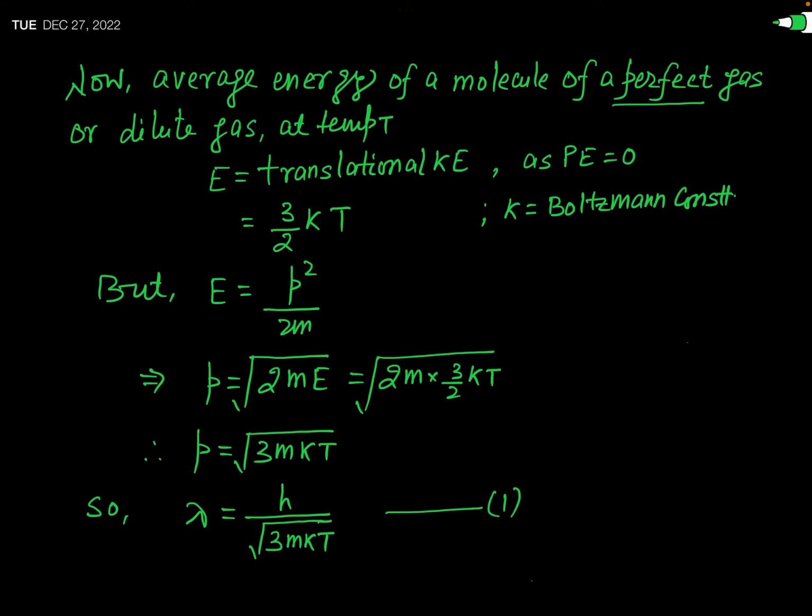As you know, potential energy is an energy of interaction. If the molecules do not interact with one another, there is no intermolecular force between them, so the potential energy U of that system will be equal to 0. So there is no potential energy in the molecules of a perfect gas.